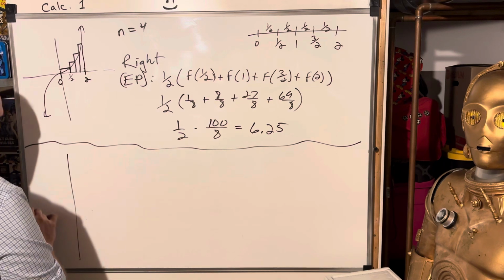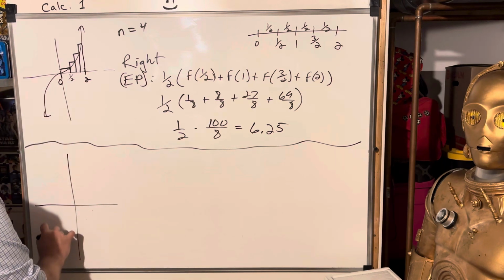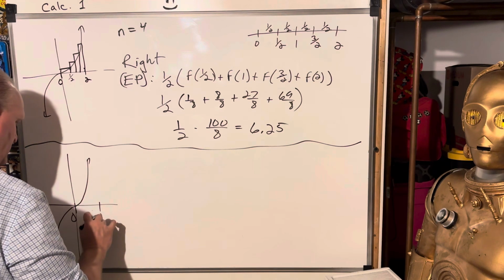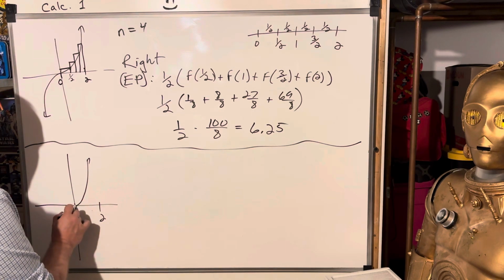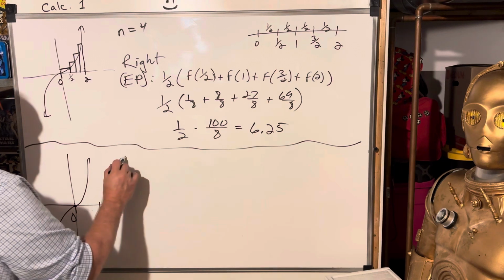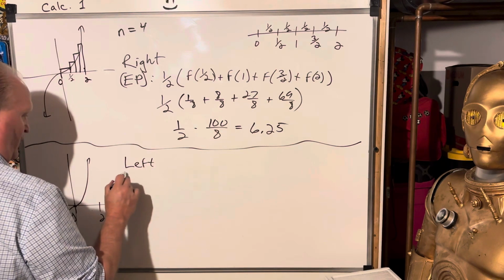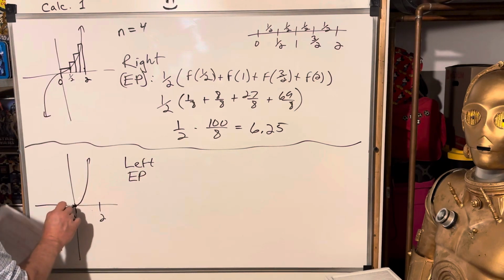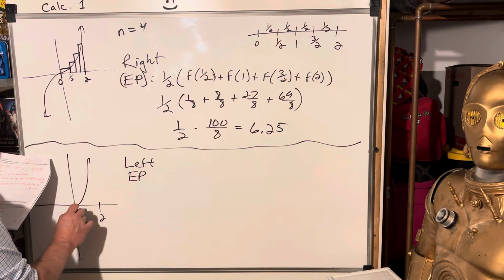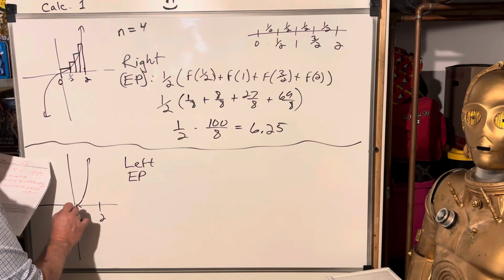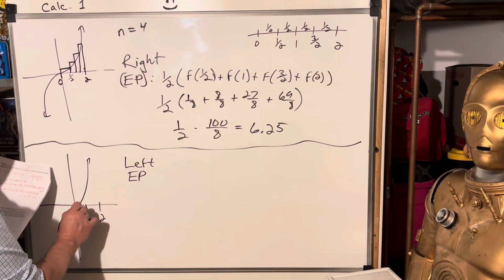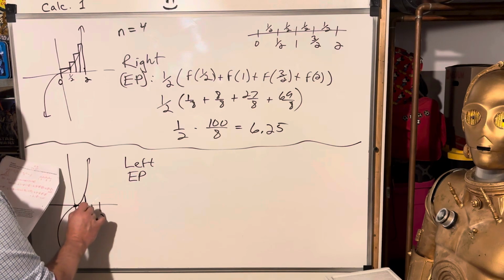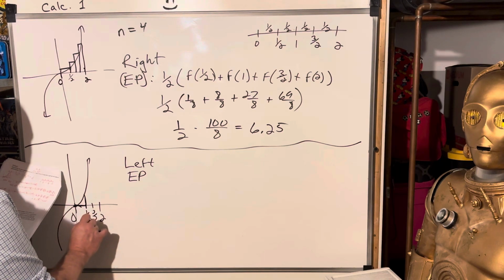What is that going to be? That's going to be the same guy from 0 to 2, only this time I'm starting with the left endpoint. And so I start at 0, then I go to 1/2, and then 3/2.